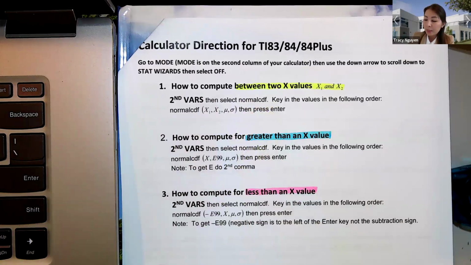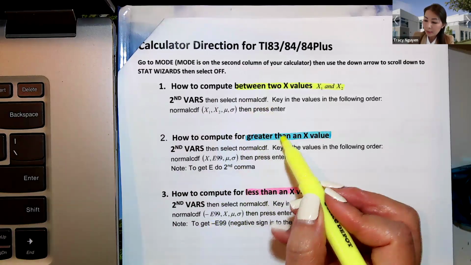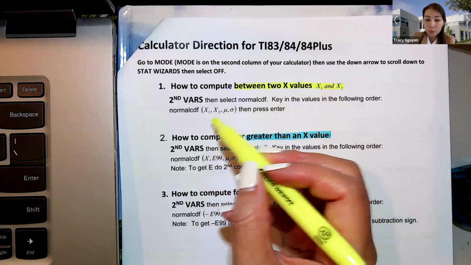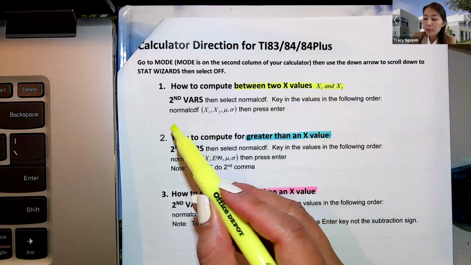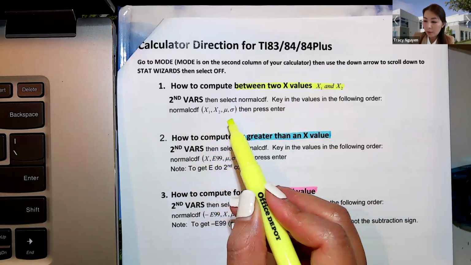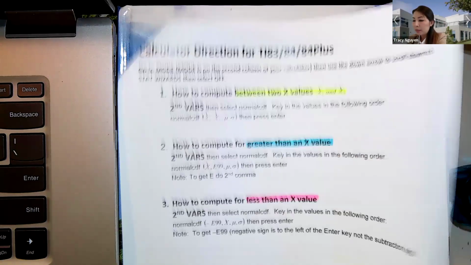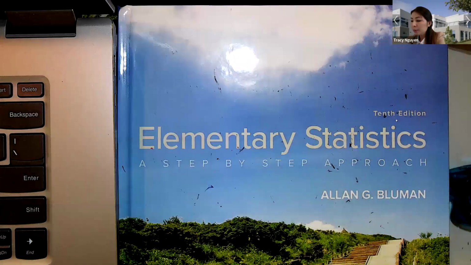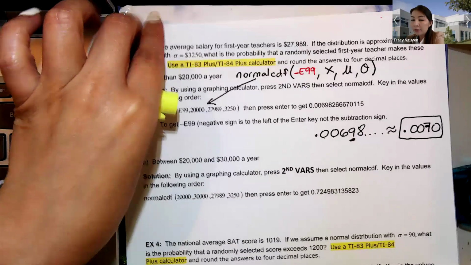But notice, in less than you have negative E99, in greater than you have positive E99. Between two x values, you don't. You only have normal CDF, x1, comma, x2, comma, mu, comma, sigma. All right. So let me take you to example 2, part B, using a graphing calculator.